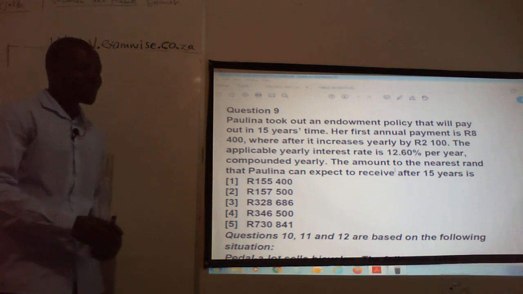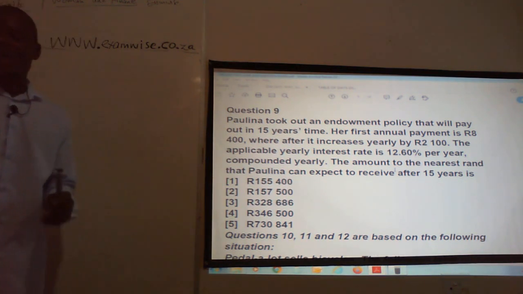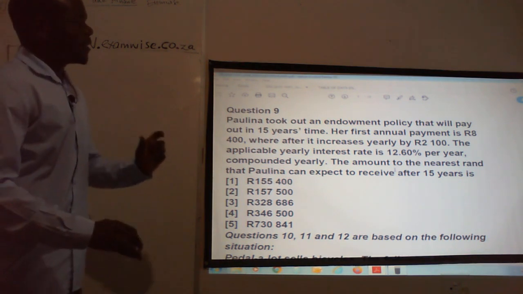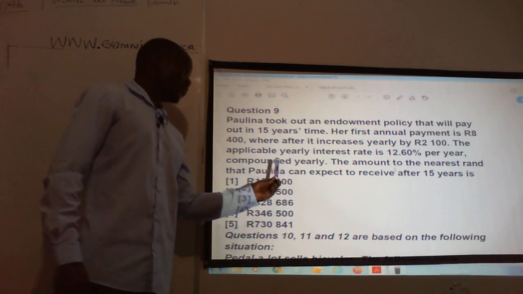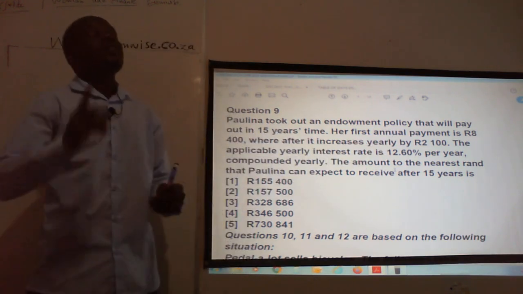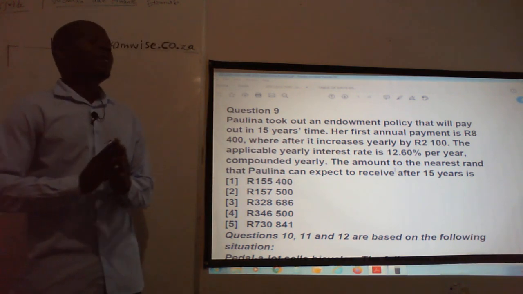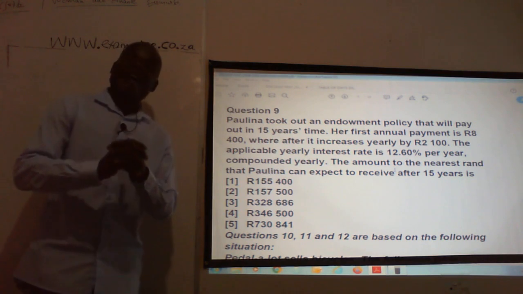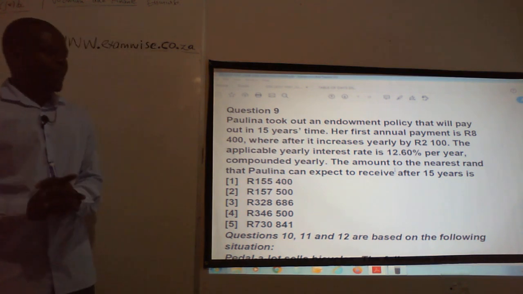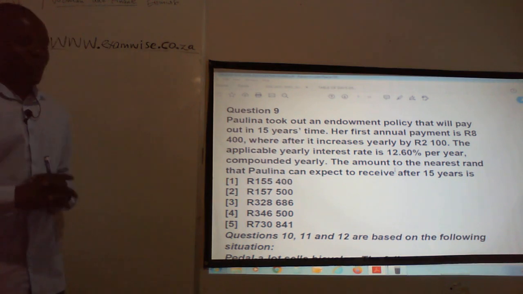So from those facts alone, we can determine which model we are going to use. Here they started with a payment, and as long as we are having payments, we are having an annuity.